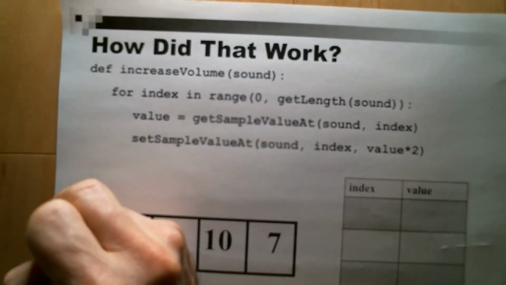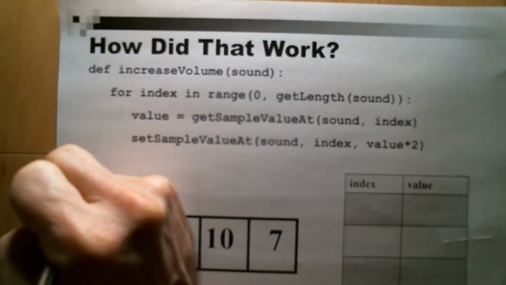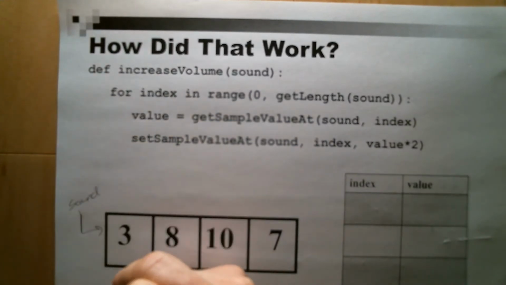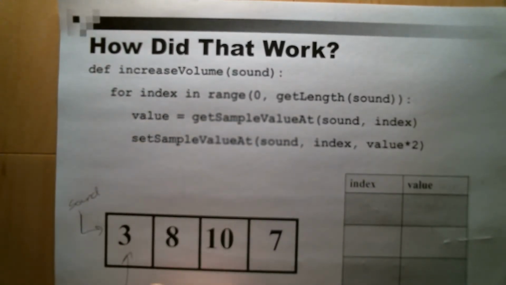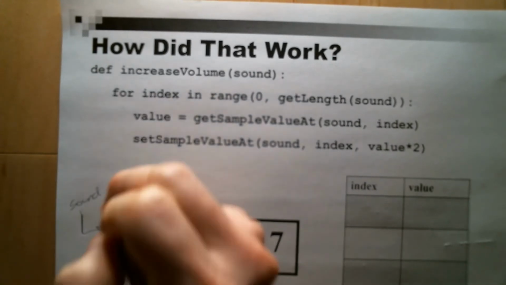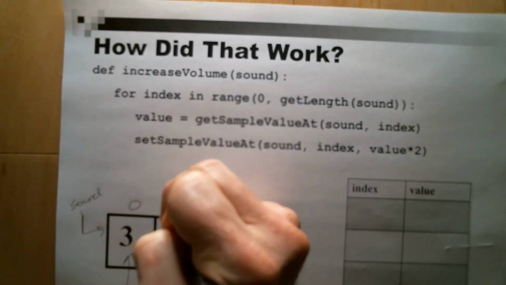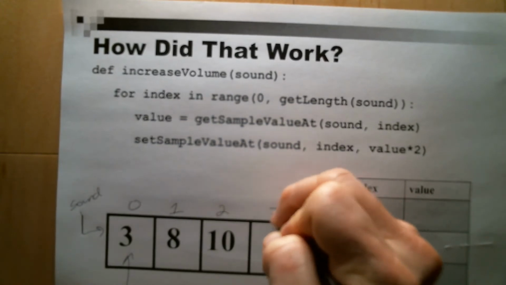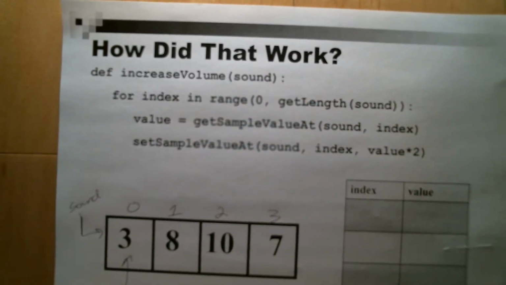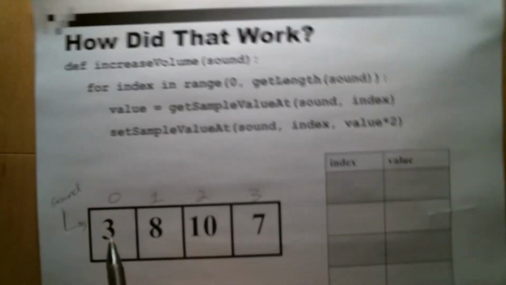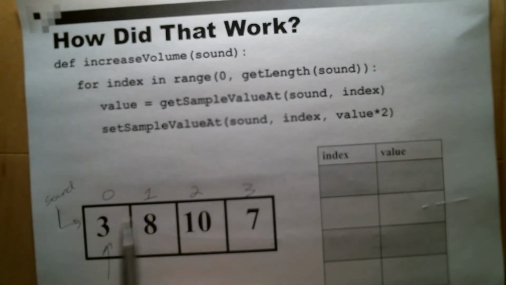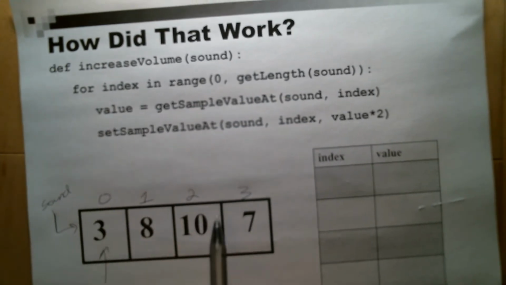And this right here represents our sound. These represent wave heights. Again, the index would start at 0 and go up from there. So even though the length is 4, they're numbered 0 to 3.